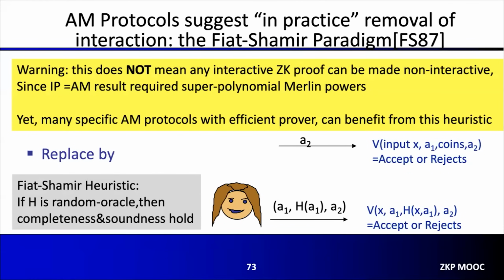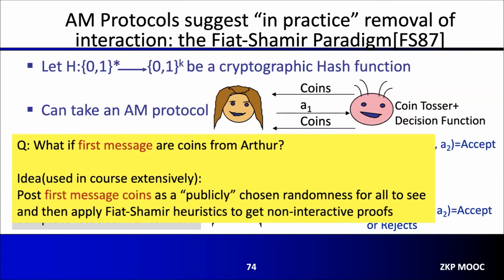Warning, this does not mean that all interactive proofs can be made non-interactive. Even though IP is equal to AM, it's not true that all interactive proof protocols where the verifier hides his coins can be turned into protocols where Arthur doesn't hide his coins. But it can benefit many protocols.